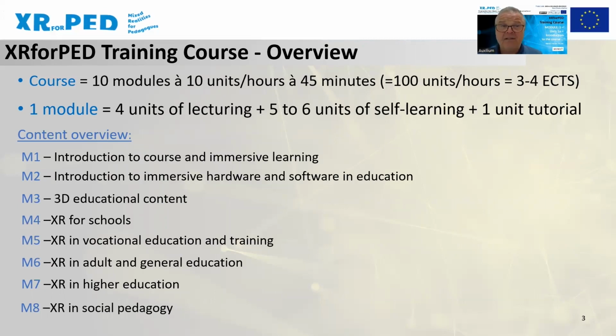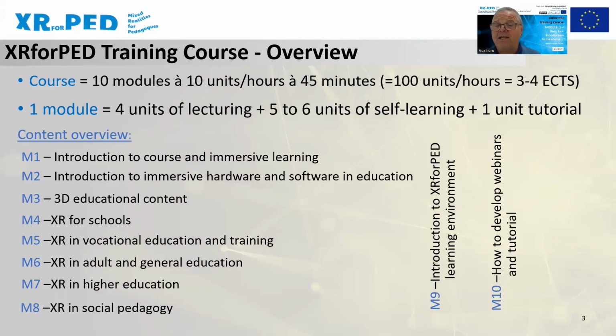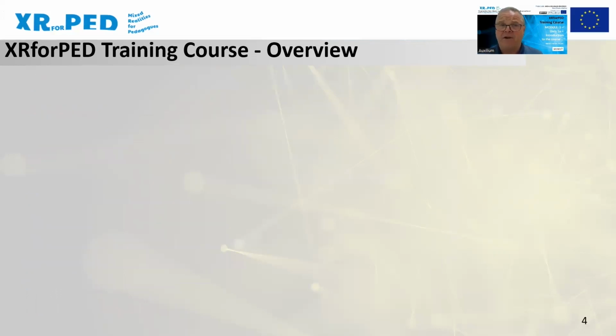We have 8 modules dealing with content-related issues like immersive learning, hardware, software, 3D, educational content development, and then how immersive learning can be utilized on different levels of education. Module 9 is an introduction to a VR learning environment we have developed in our project. And last but not least, there is also a very generic module on how to develop webinars and tutorials.